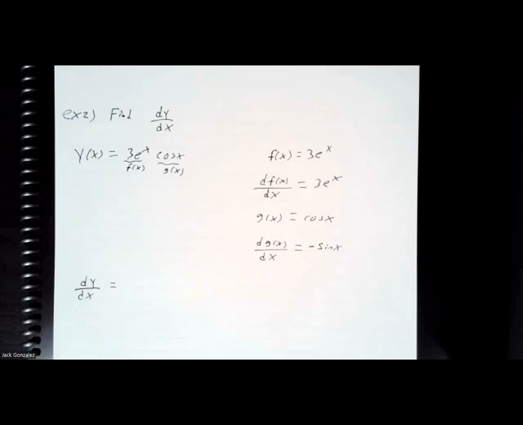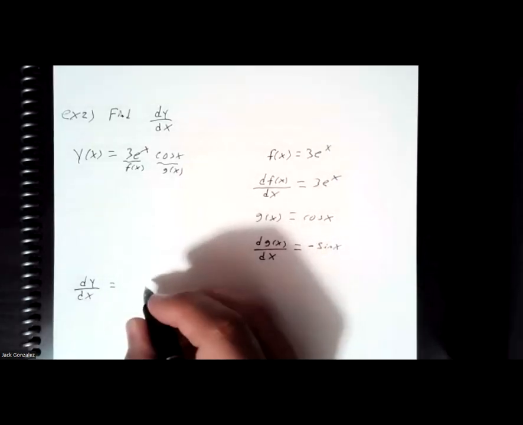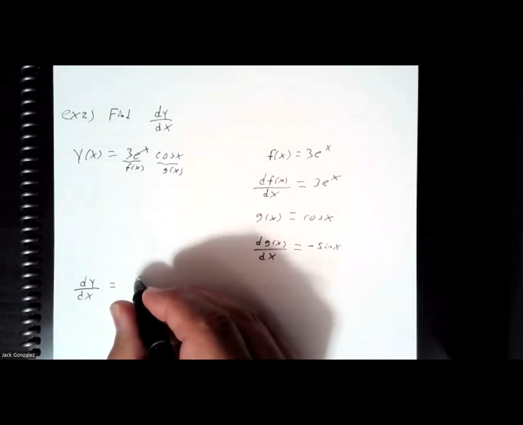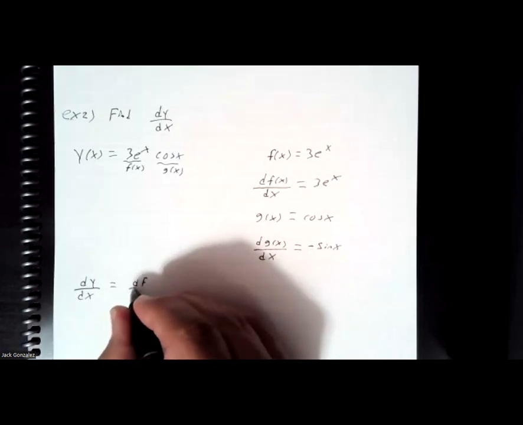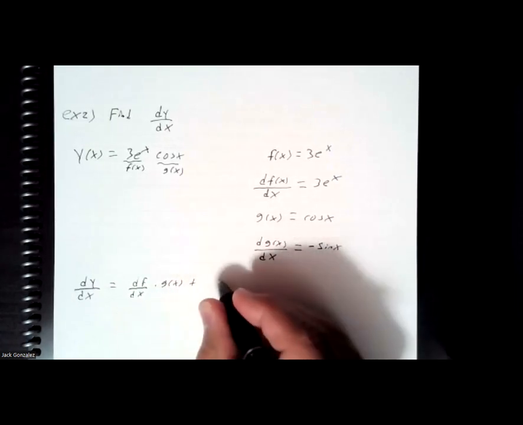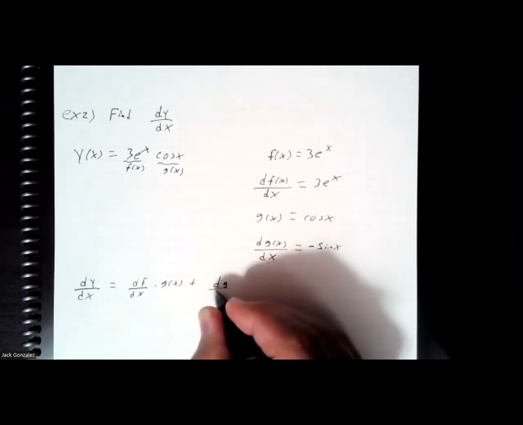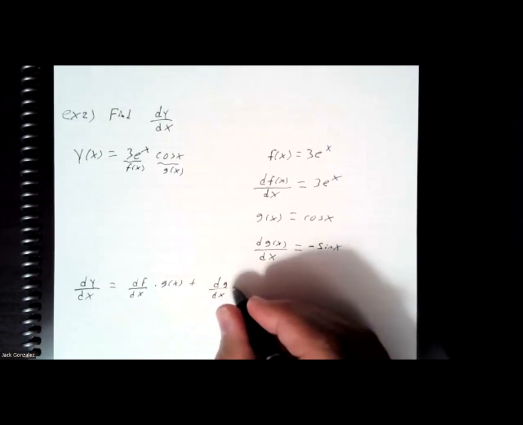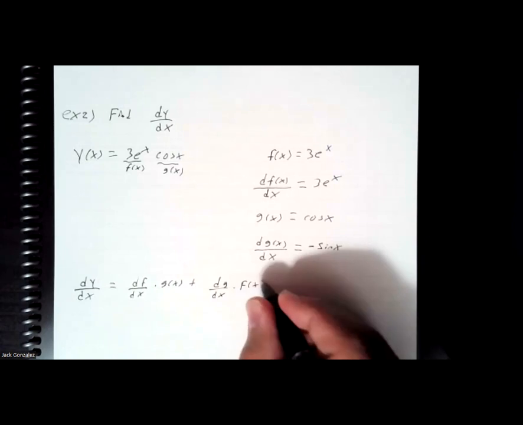So now I want to find dy/dx. So using the other notation, it's going to be df/dx times g of x plus dg/dx times f of x.